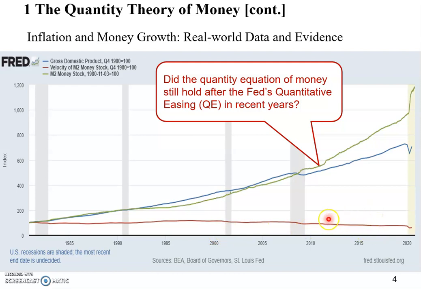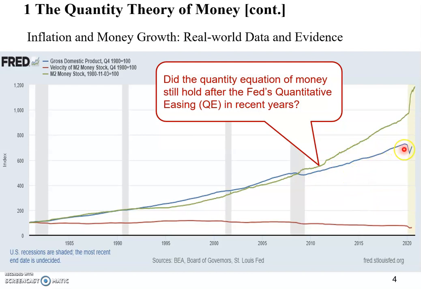However, you have to remember that this red line looks pretty stable because, compared to nominal GDP and the money supply, the velocity changed very little. But it doesn't mean it's constant or stable. There might be some fluctuations, but we just cannot see them when we put it on the same figure with nominal GDP and money supply, because the other two variables changed too much.